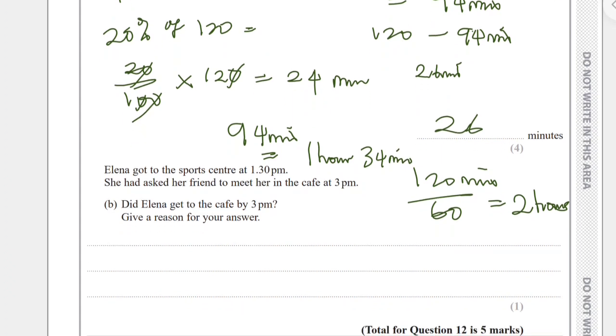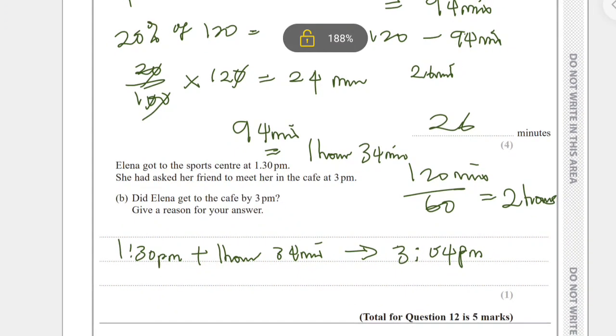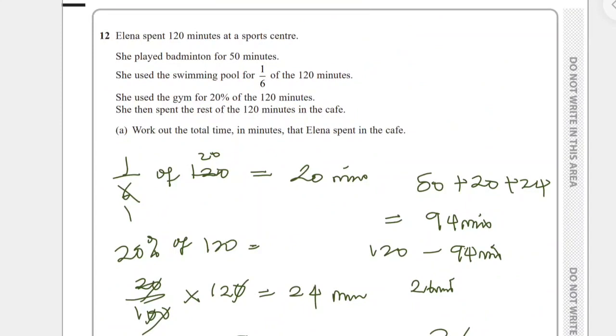If we add 1:30 p.m. plus 1 hour 34 minutes, that is going to give us 3:04 p.m. That will be the time that she arrived at the cafe. So Elena got to the cafe late, at 3:04 p.m. Okay? I hope that is clear.